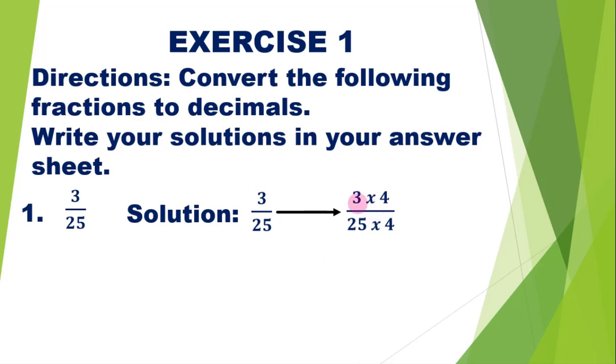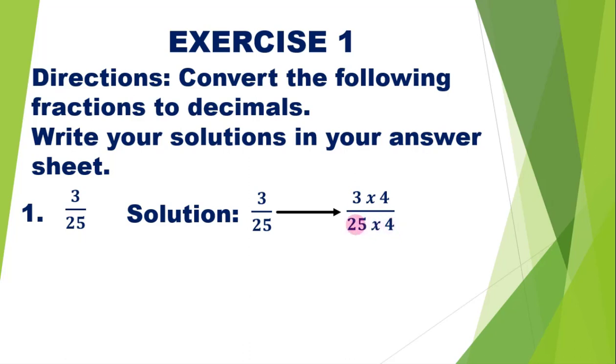Then what are we going to multiply 25 by to make it a multiple of 10 or powers of 10? Since 25 is greater than 10 but it's less than 100, the next power of 10 that is a multiple of 25 is 100. So what are we going to multiply to 25 to make it 100? We have to multiply it by 4.